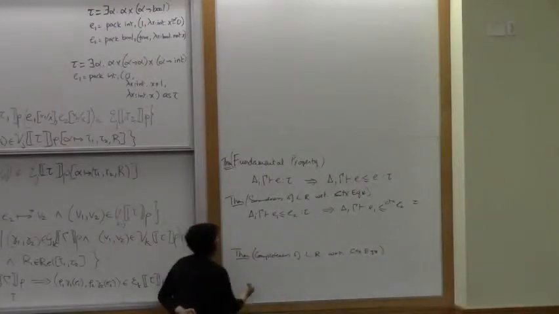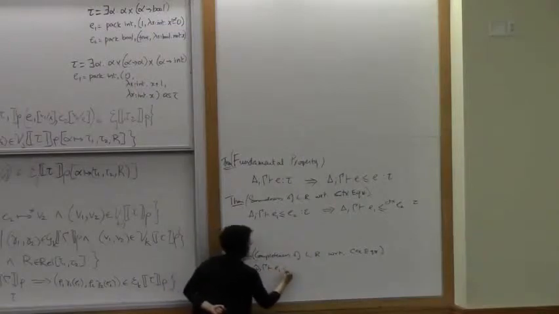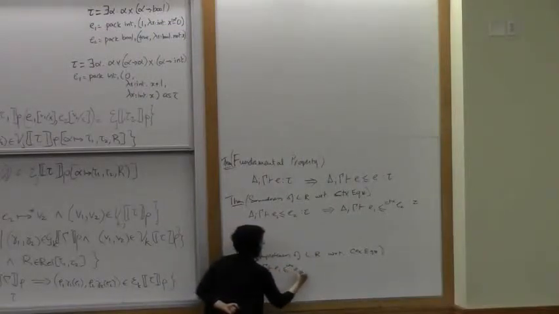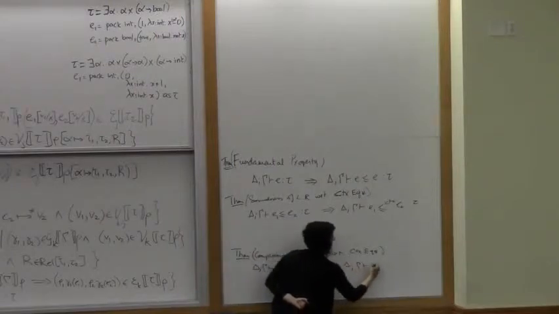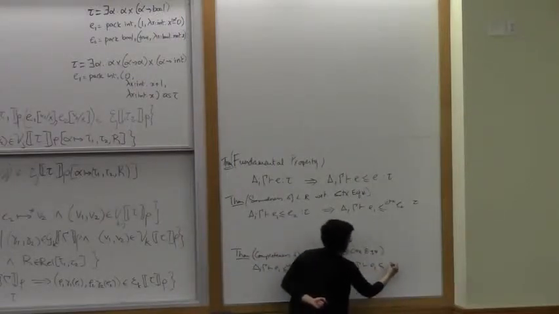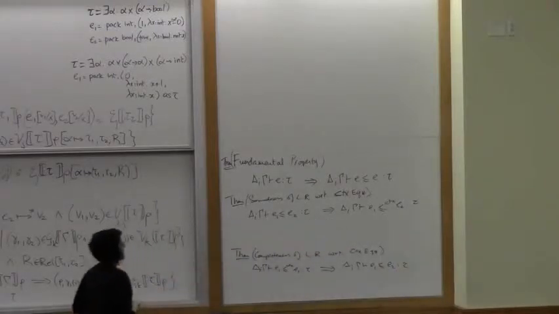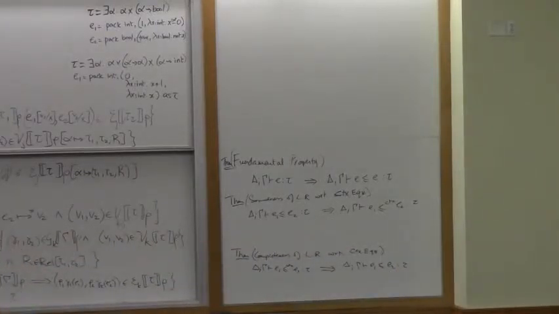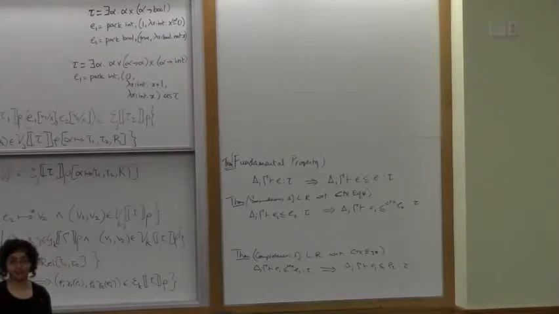This says the opposite direction: if E1 contextually approximates E2 at the type tau, then E1 logically approximates E2 at the type tau. Okay. Let me first say something about soundness, and then I'll come back to completeness, which is a really interesting sort of issue.